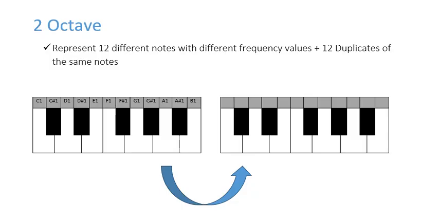Now let us look at two octaves representing 12 different notes with different frequency values, plus 12 duplicates of the same notes. So that means we have an octave here plus a duplicate of this octave.